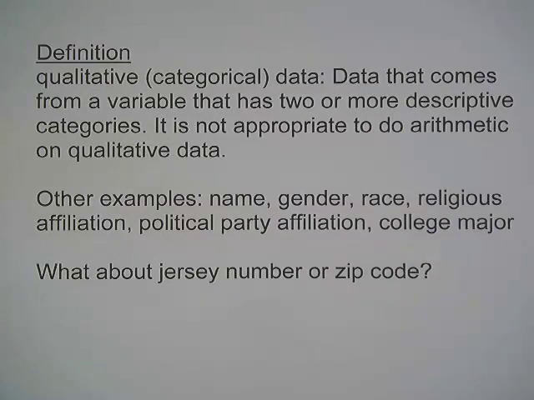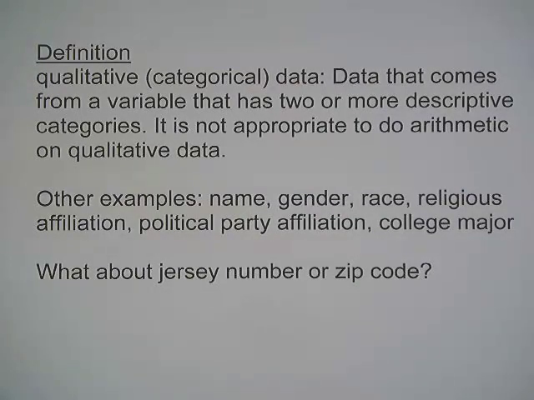Birthplace has many different descriptive categories, but whatever category you pick, that describes where, in this case, the person is from. Some other examples would be name, gender, race, religious affiliation, political party affiliation, college major. Again, those all provide variables that have two or more descriptive categories.